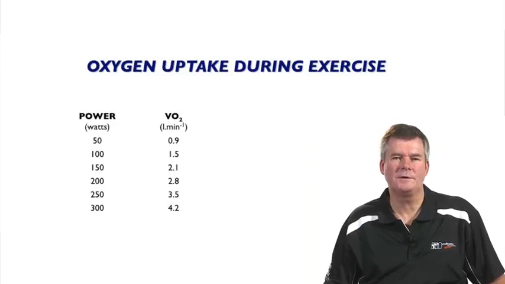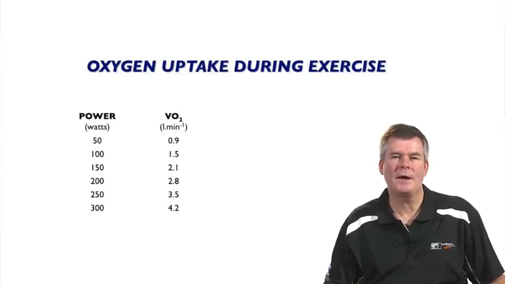So we're going to focus in this module on the cardiorespiratory systems and how they ensure that oxygen delivery is maintained during exercise. An important principle is that the oxygen uptake is directly proportional to the exercise intensity. The efficiency of conversion of the metabolic energy into mechanical work is relatively constant, at least during cycling exercise.